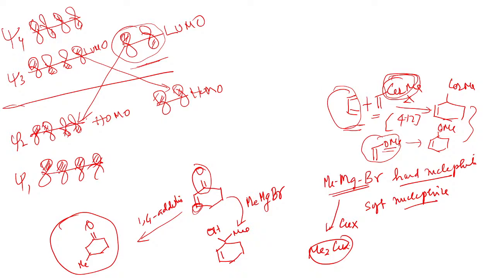Now the LUMO of this vinyl ether can increase. So the gap between this LUMO and HOMO is increased, therefore it can show lesser reactivity. This is an example to understand the HOMO-LUMO interaction to make a carbon-carbon sigma bond.